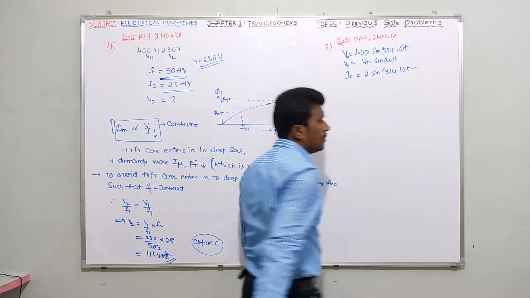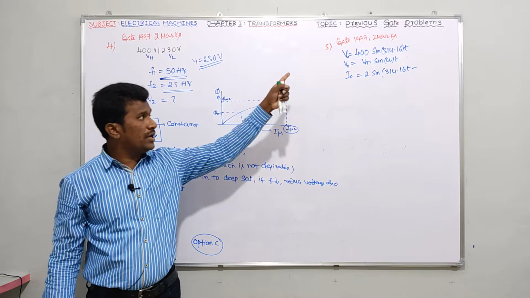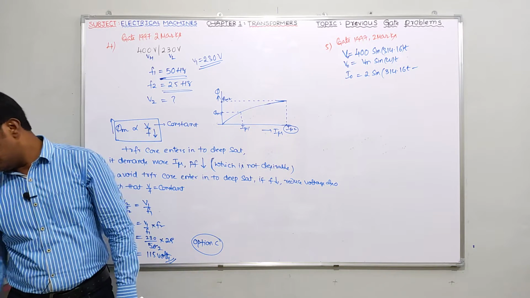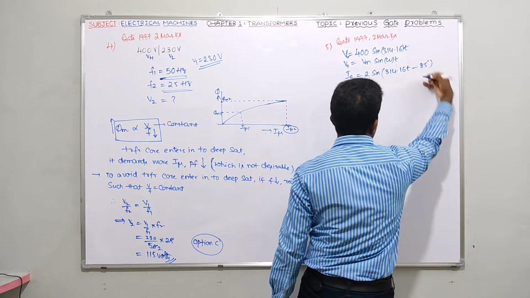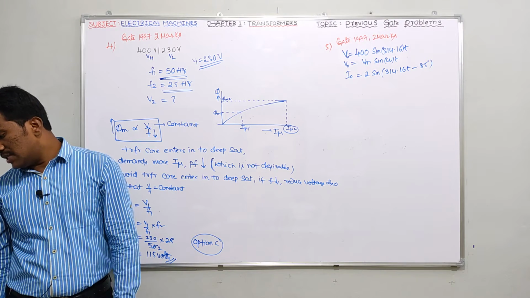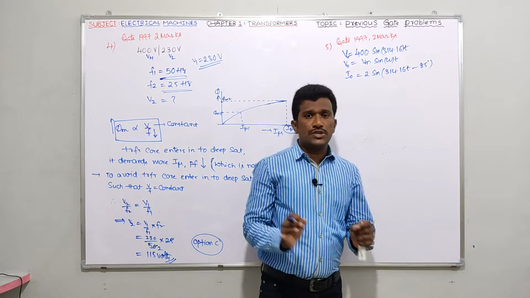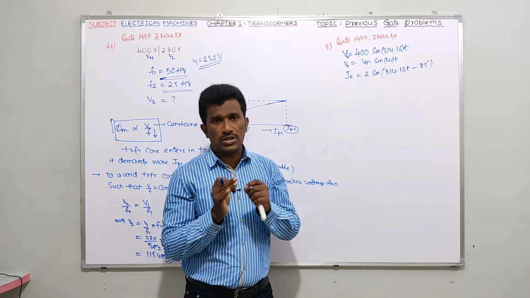We know already from the vector diagram that I0 always lags V0 by an angle of phi 0. That phi 0 he has given in the question as minus 85 degrees. Now what is he asking to find? Simple, he is asking the magnetizing branch impedance approximately. Here, what does magnetizing branch impedance of the transformer mean? I had given the nomenclature clearly. Please try to go through those videos.